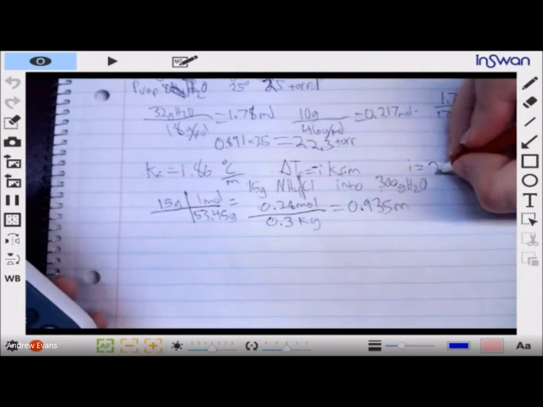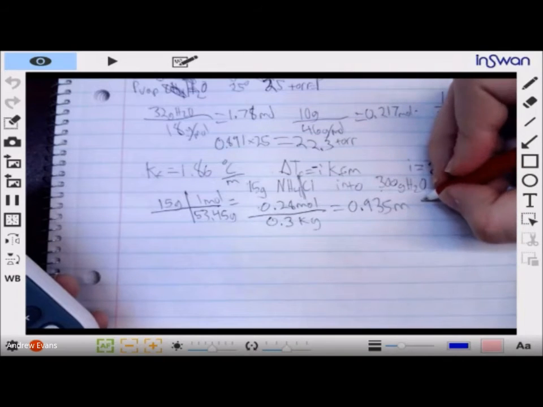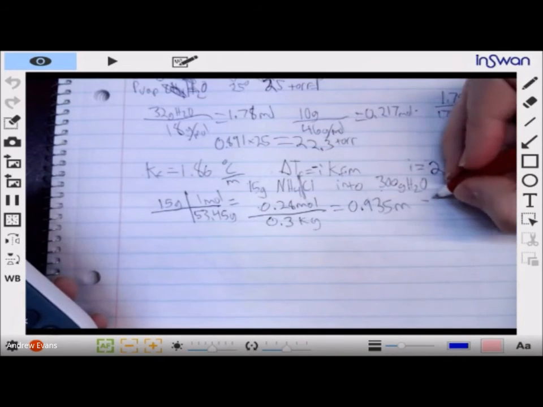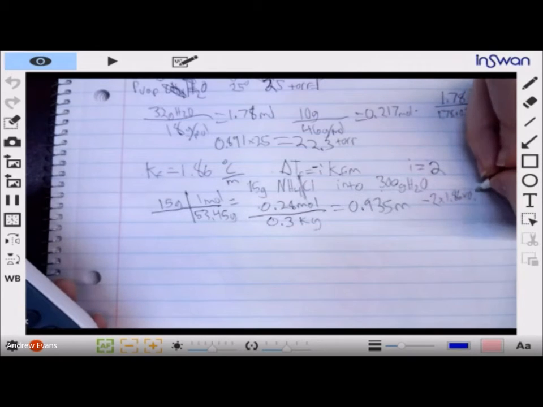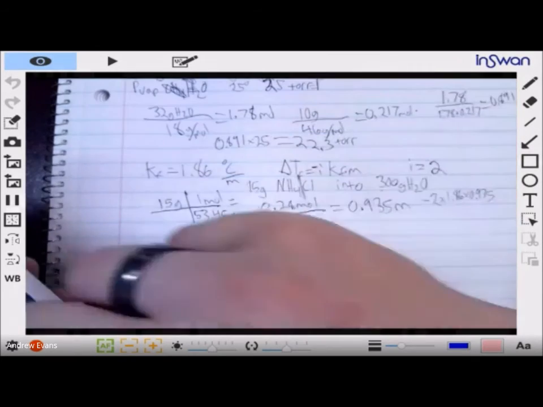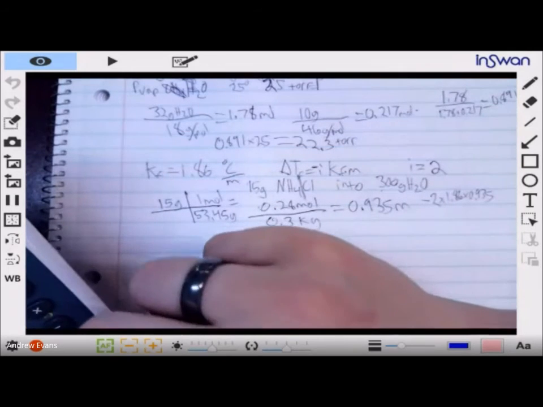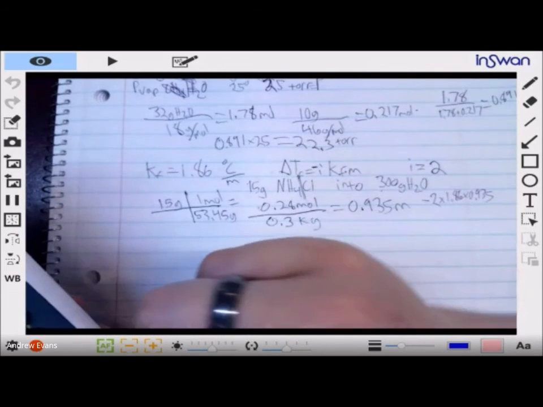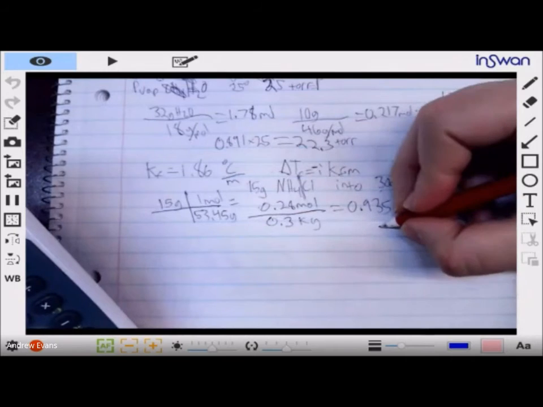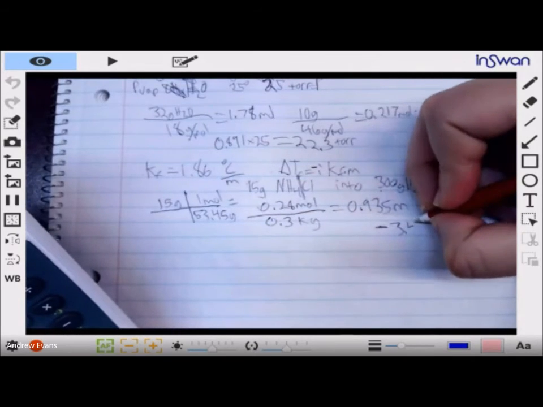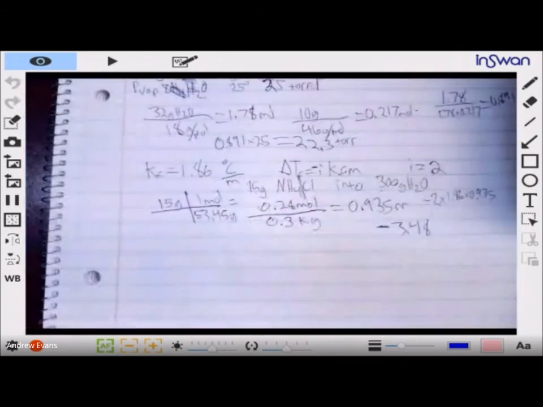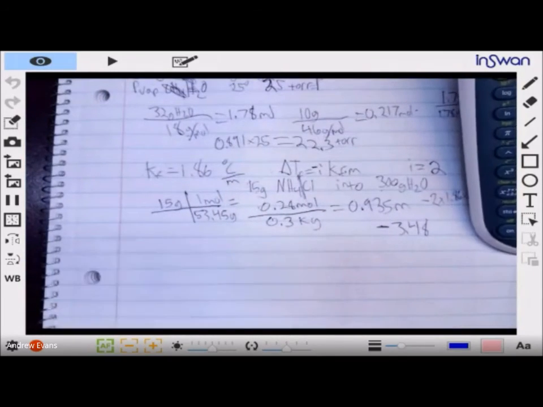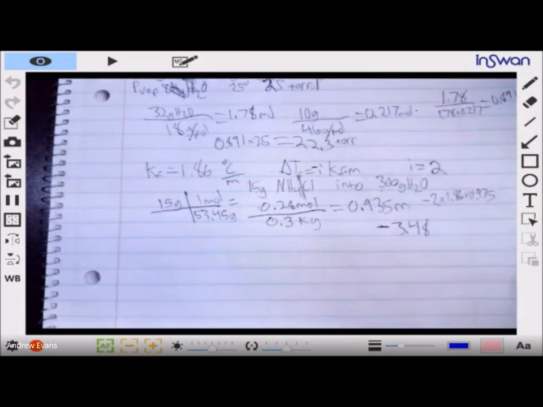So at this point, i, as I said, is 2. So we'd have negative 2 times 1.86 times 0.935. So that means our temperature would drop by negative 3.48. Now, if this was anything but water, then you might have to subtract that number from its freezing point.